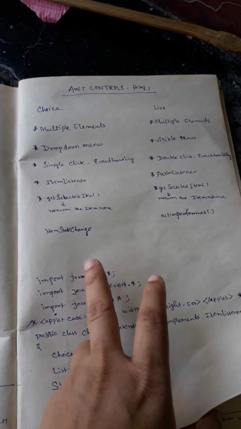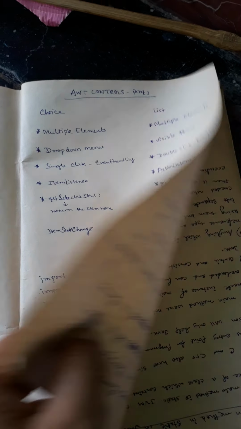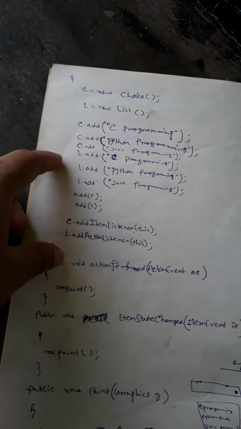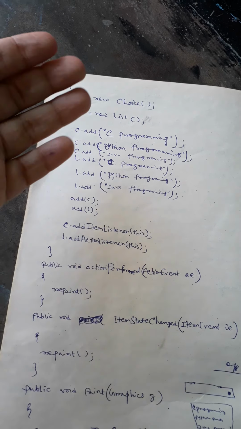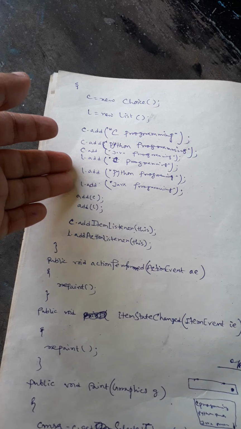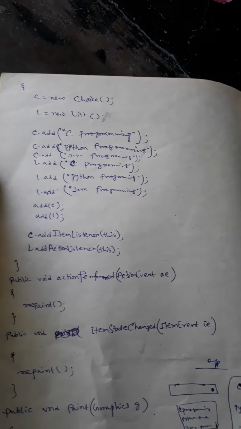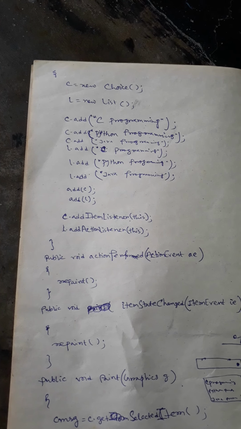So here the item listener is the interface to handle this event. Here the action listener interface handles the event. Here you can simply use c.add("C programming"), which will be included into the choice, and using l.add it will be included into the list.